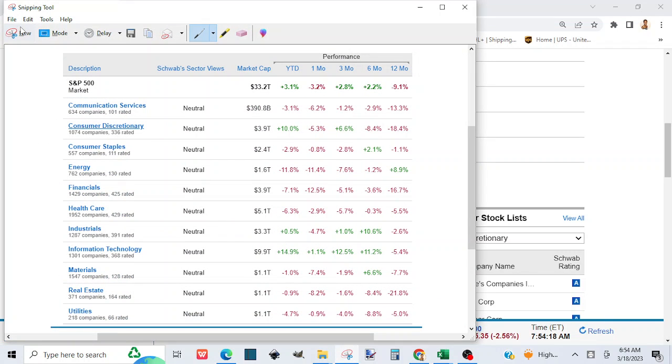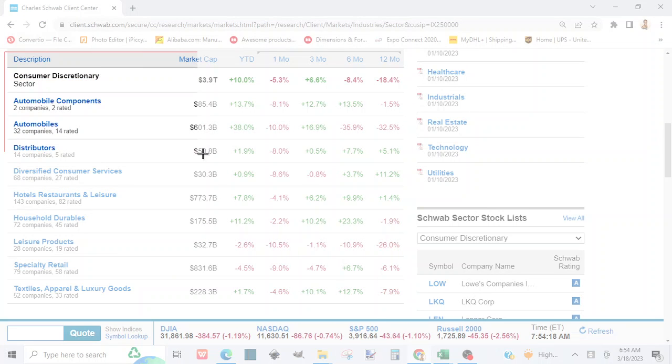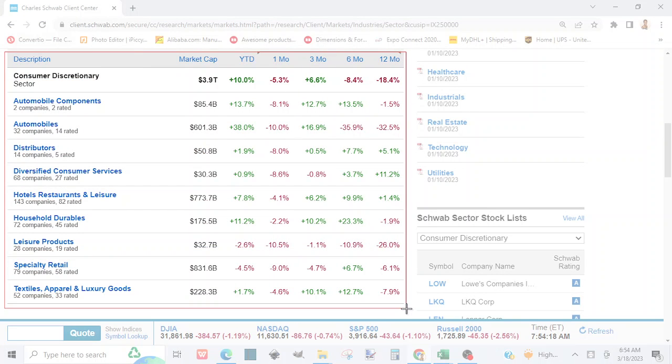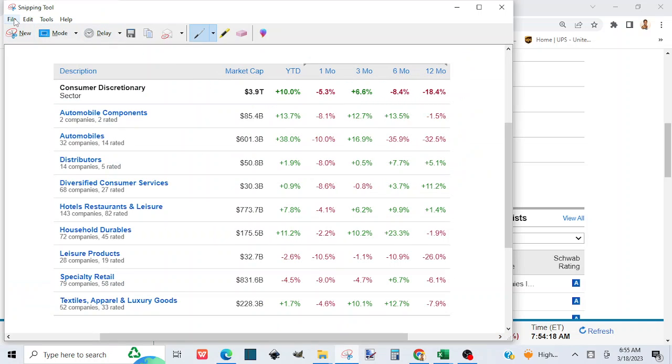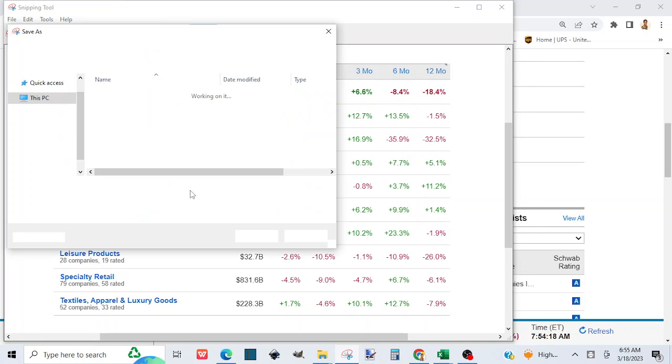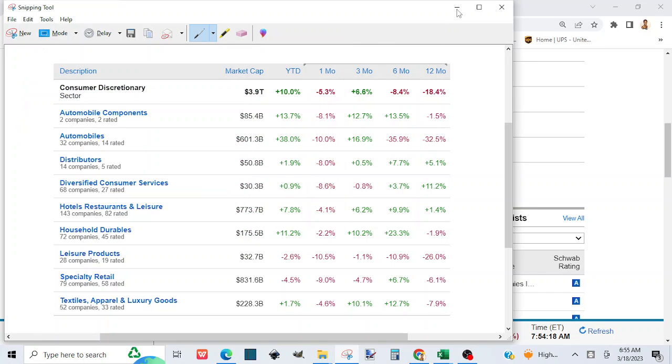And if you are using a different website, a brokerage account that is not Charles Schwab, you can take note of those industries as well to do search on them.